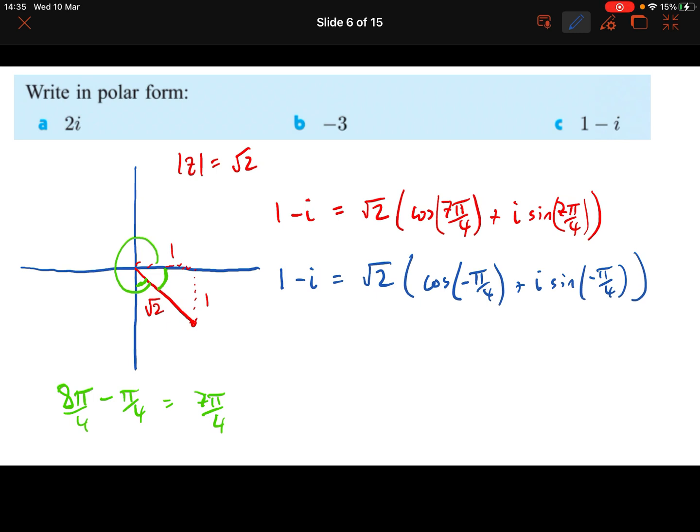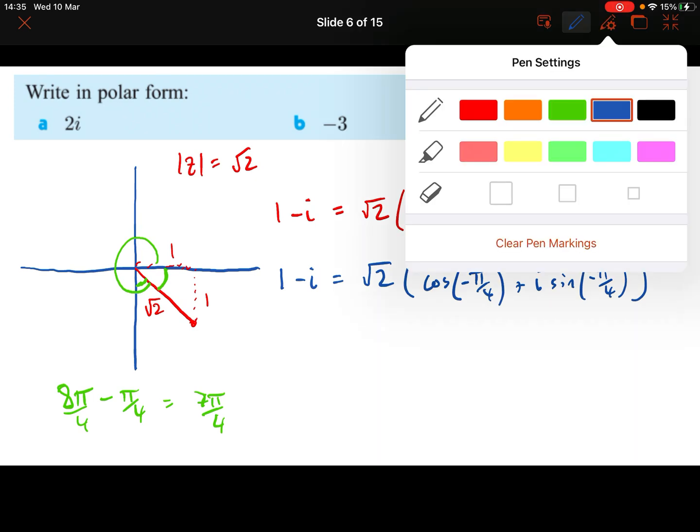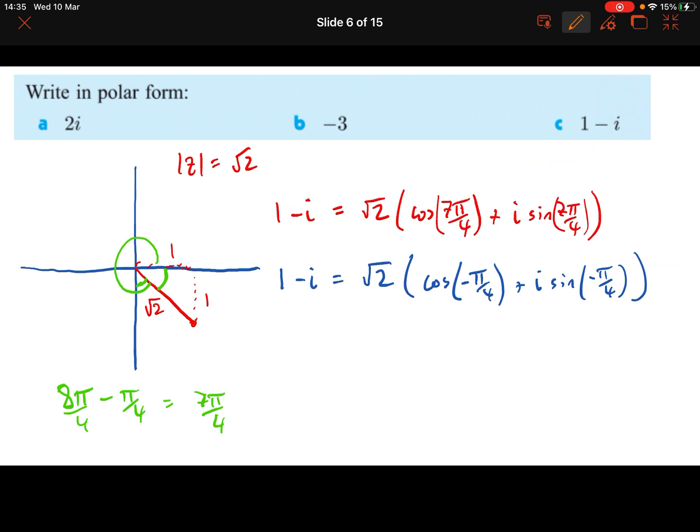But we can make it even better, because we can remember these special identities. Remember that cosine of negative theta is equal to cosine of theta, and sine of negative theta is equal to negative sine theta. I have taught you that in the past, you may not remember, and if you don't believe me, consider the graphs and the transformations of the graphs.